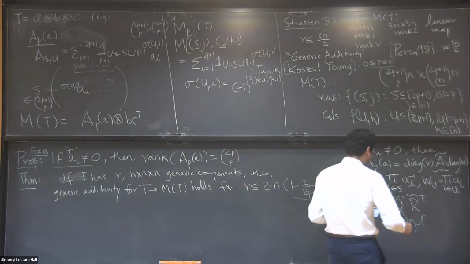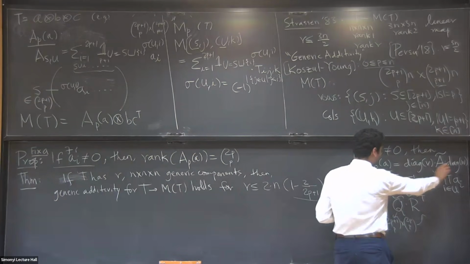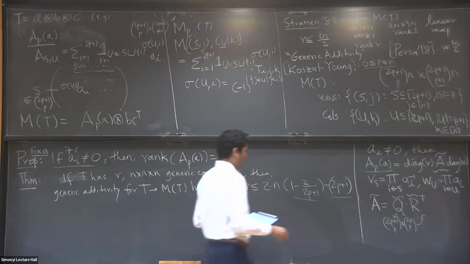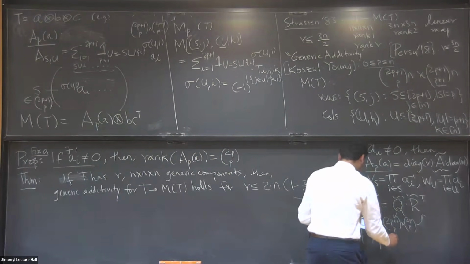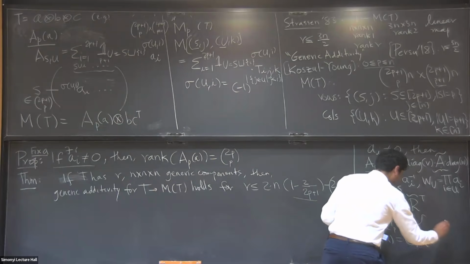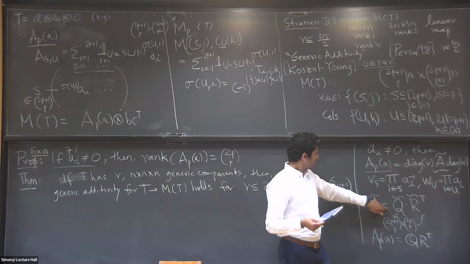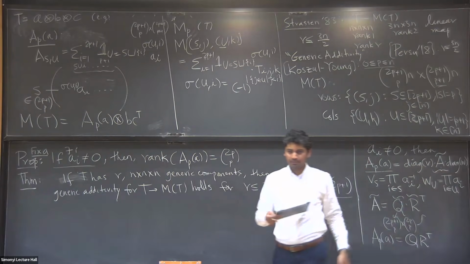Okay, good. So now if I look at this representation of AP of A and plug in the factorization of A tilde, then I can write, this is the final thing I'll use, AP of A as QR transposed, where Q is basically diag V times Q tilde, and R is diag W times R tilde.